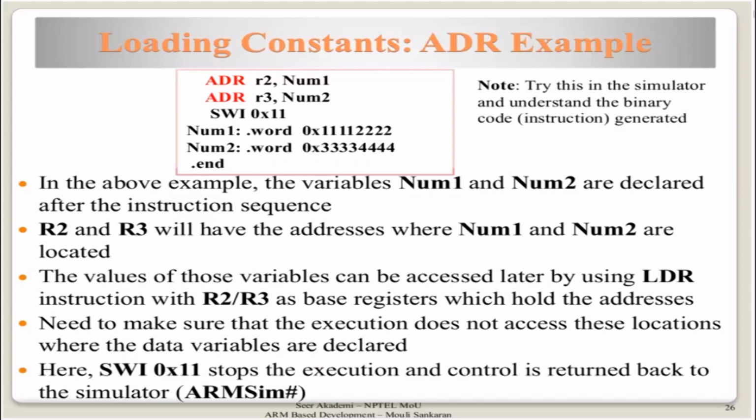I want you to try this out exactly the same way in our simulator, and decode the code and understand what exactly the instruction being generated is. That will give you better clarity. I hope all of this is very clear to you. I want you to try out all these things in your lab session to understand the concepts.